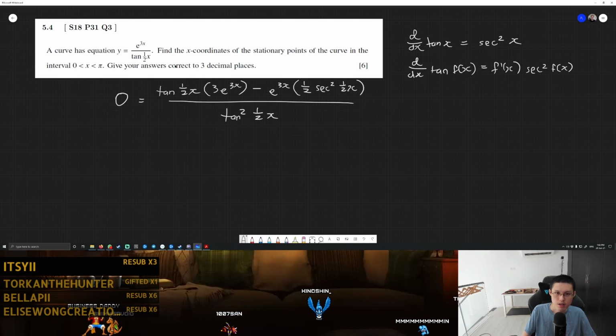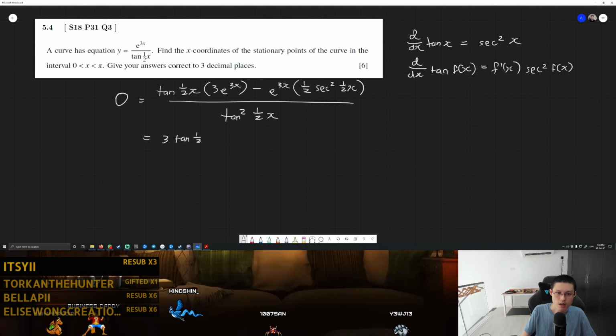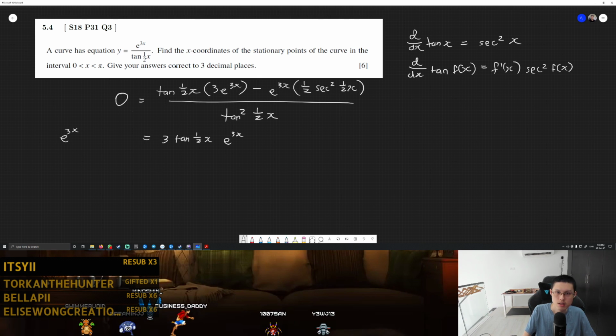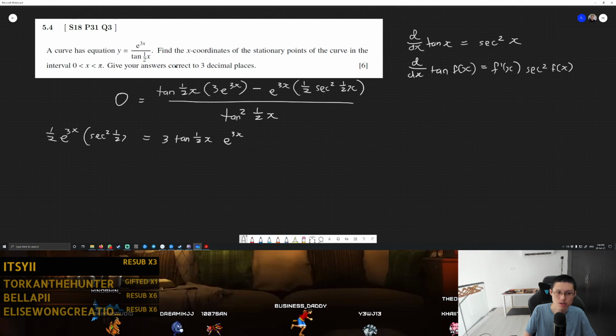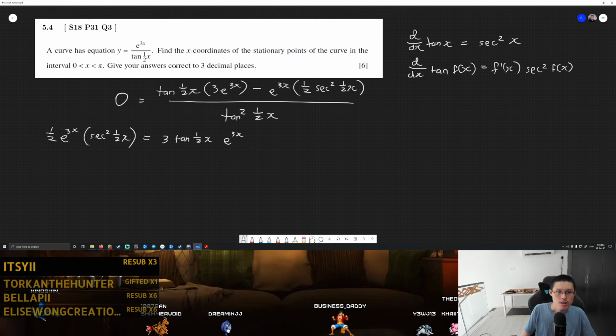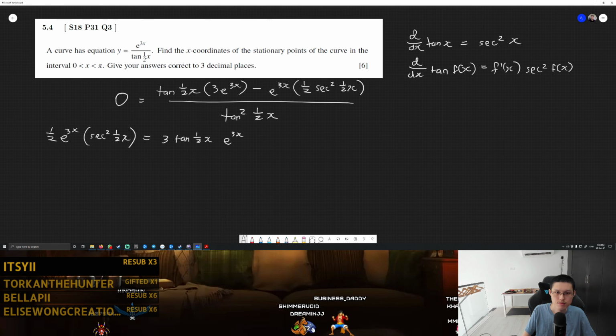So we multiply by the denominator, so that disappears, which leaves 3 tangent (1/2 x) e^3x, and then we move this to the right, which gives e^3x times 1/2 secant squared (1/2 x).